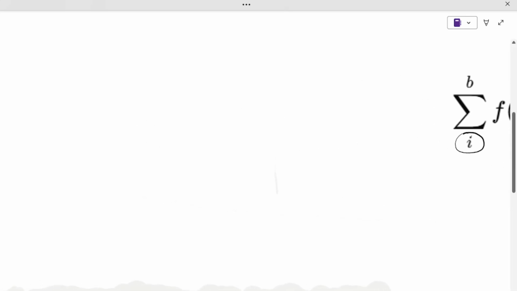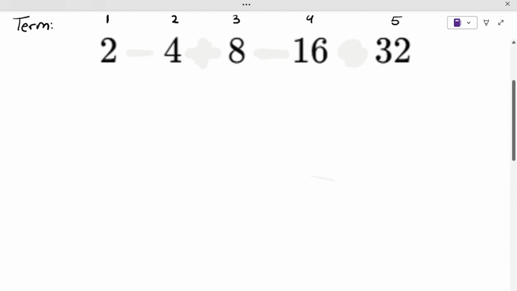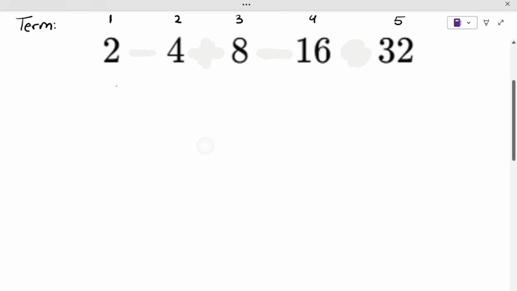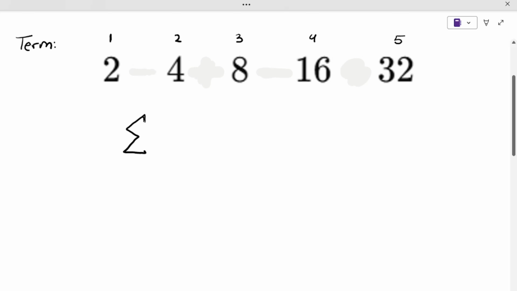So we can already start this by writing this beautiful yet wonky symbol, sigma. And we can start by putting the first term number down at the bottom, which is 1. Now, in order to use term numbers, we also define them as variables. So I'm going to put I equals 1.